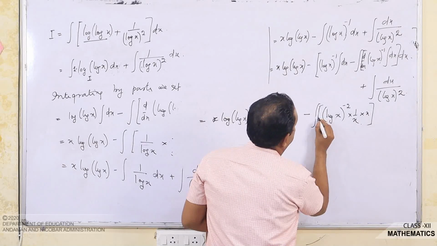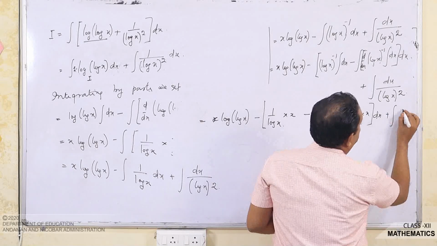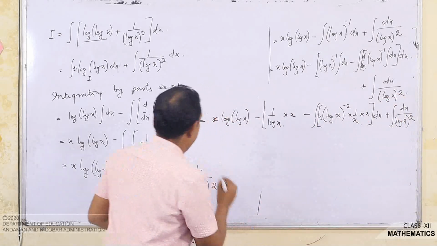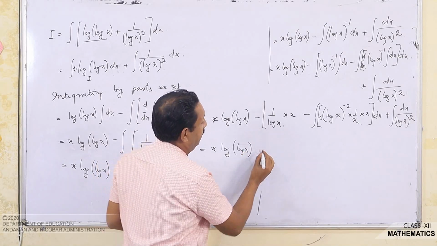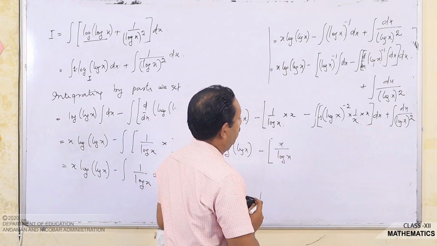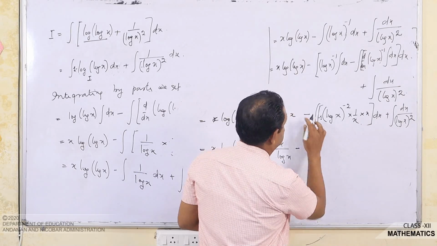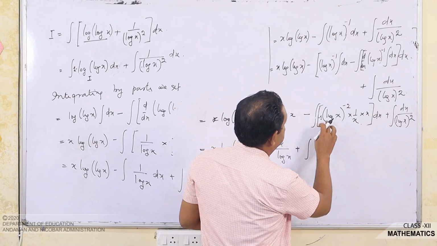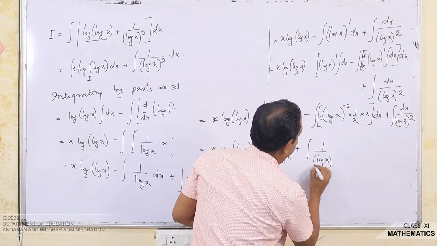Here it is minus 1, and this is dx plus dx upon (log x) the whole square. Now, this is equal to x log of log x minus x upon log x minus, this minus make it plus, that is integration, and this integration is what, this is 1 upon (log x) the whole square.